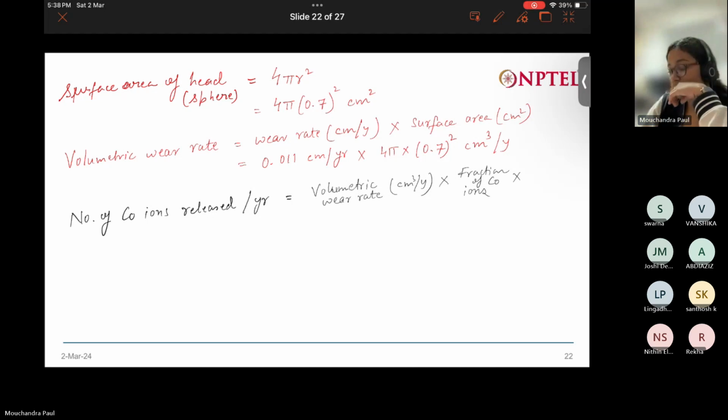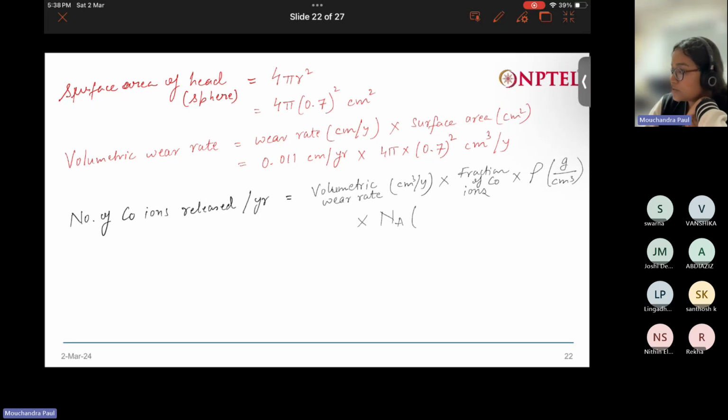Then the density of cobalt, rho, is given in gram per centimeter cube. Ultimately we have to calculate the number of ions, so we'll take the help of Avogadro's number, represented with Na.